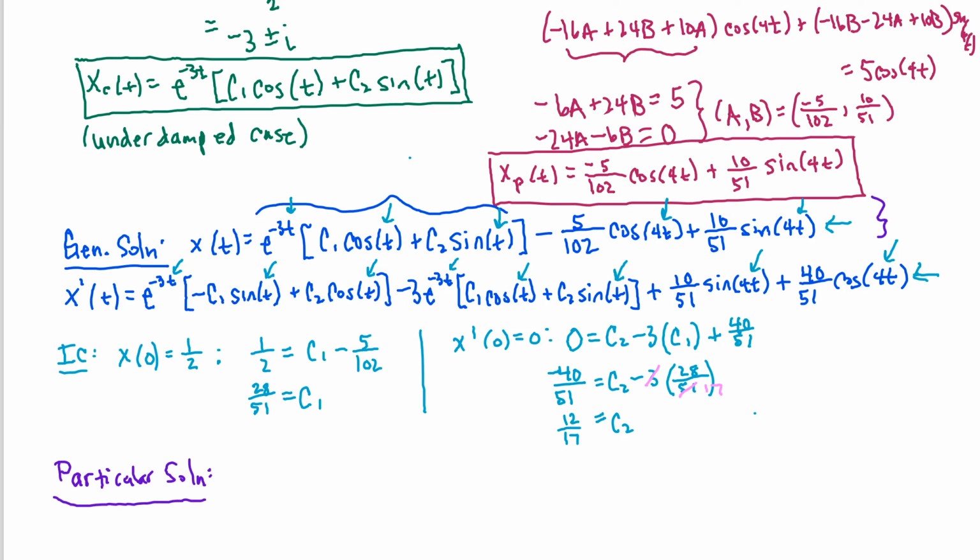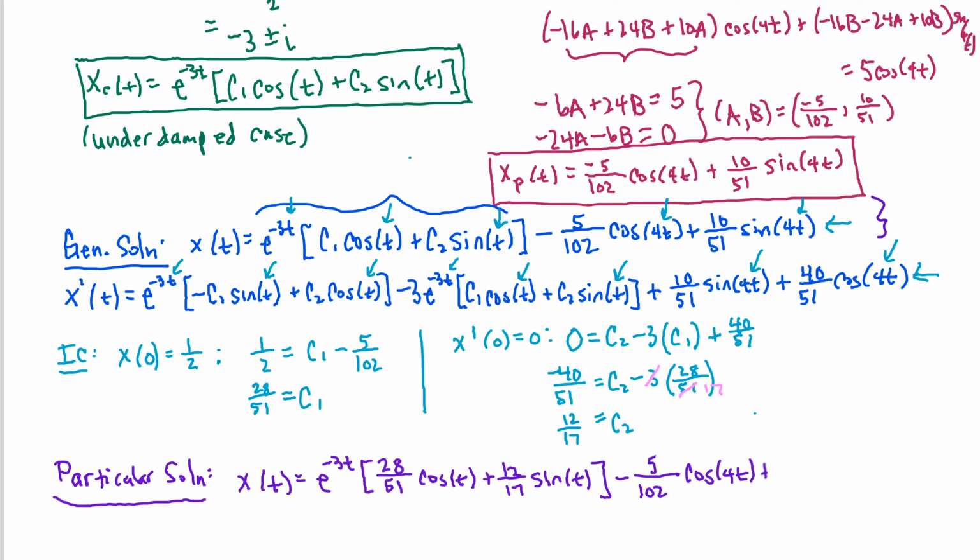Following the pattern of our general solution, we have x of t equals e to the negative 3t times c sub 1, that's 28 over 51 cosine of t, plus c sub 2, that's 12 over 17 sine of t, and our particular term, minus 5 over 102 cosine of 4t, plus 10 over 51 sine of 4t.